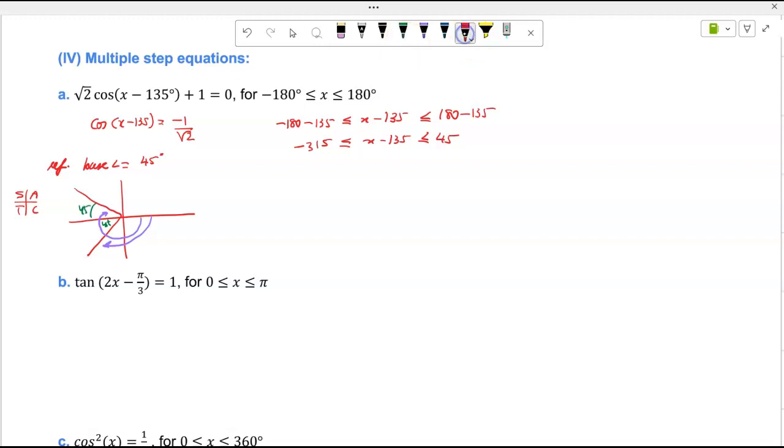So my angles would be, so x minus 135 would be minus 135. This would be 180 plus 45 is 225. So x is equal to minus 135 plus 135.